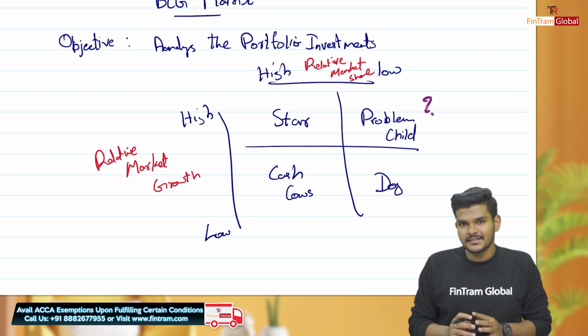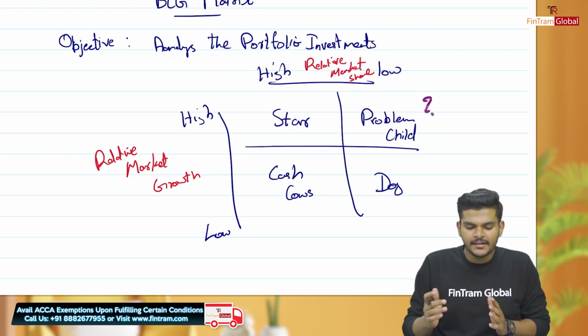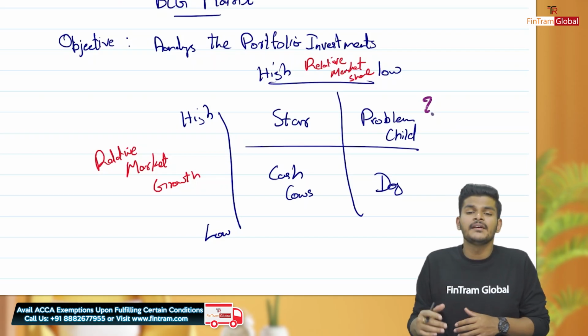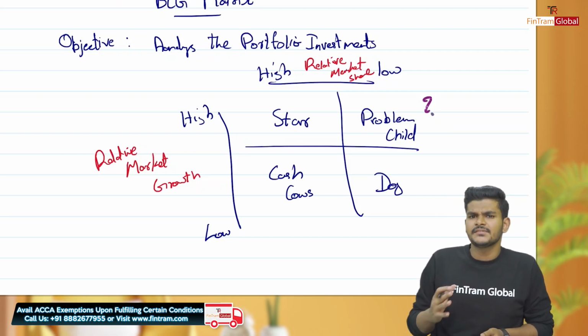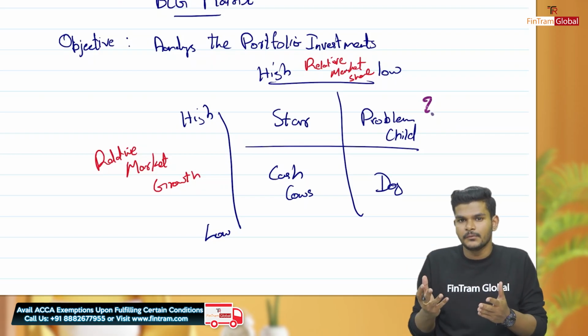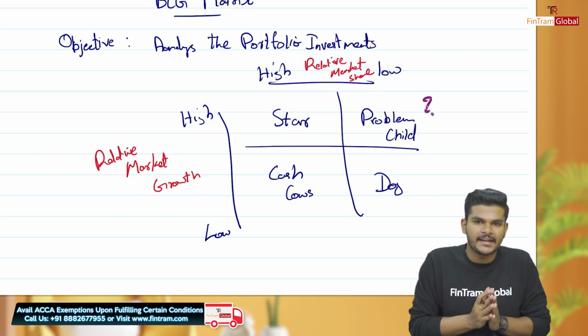So we may still keep it since it's generating cash, but there are no growth opportunities, so we won't invest more as such. And then there are dog investments where there is low market share and lower growth opportunities as well. For these kinds of investments, we usually just ignore or divest them. But if we see any opportunity, then they can come under any of the other categories as well.